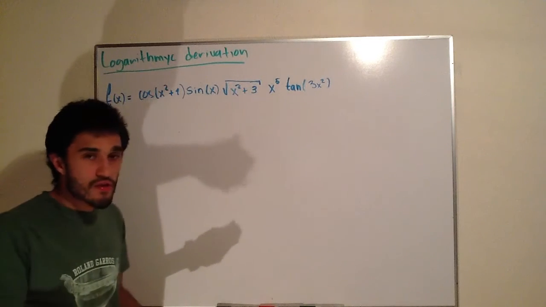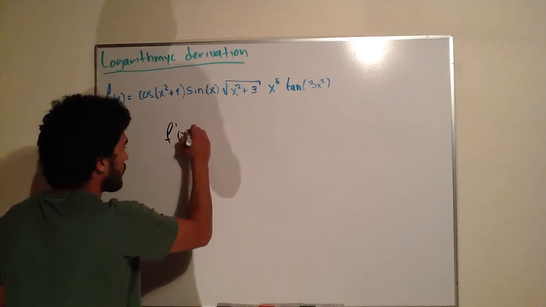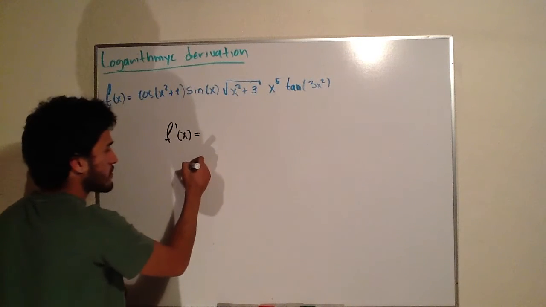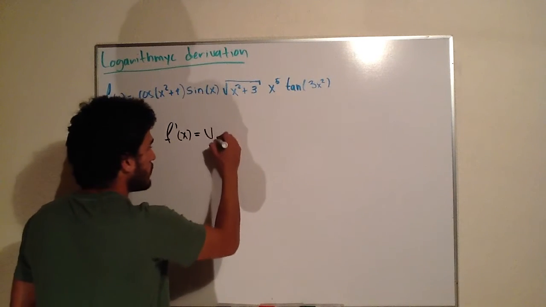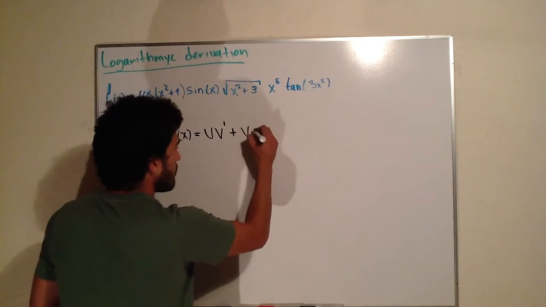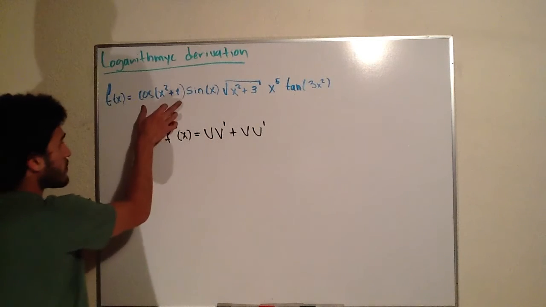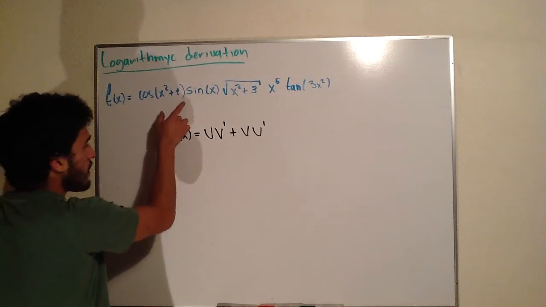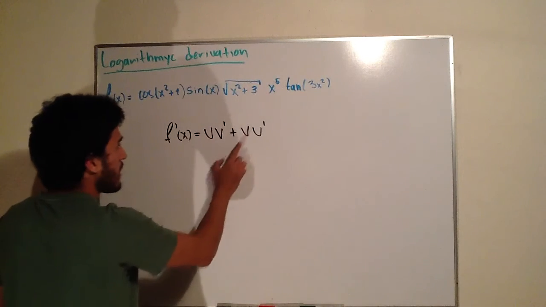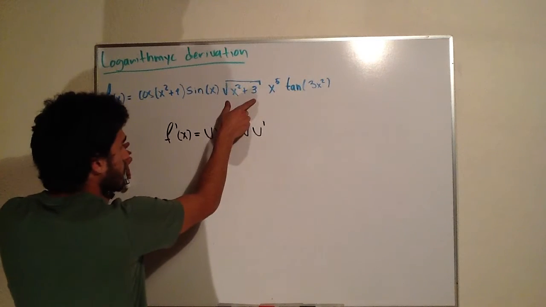There are many ways to do that. If we wanted to do it by the ordinary formula that says the derivative of the f function will be u multiplied by the derivative of v plus v multiplied by the derivative of u, then first of all, we need to consider cosine of x squared plus 1 as u, and then sine of x as v. Apply this formula and the result will be u, and this factor will be v.